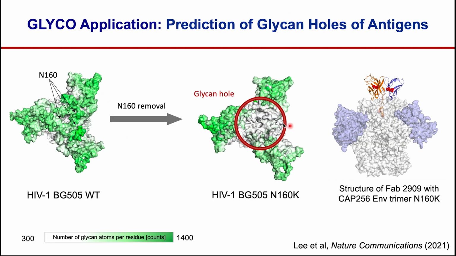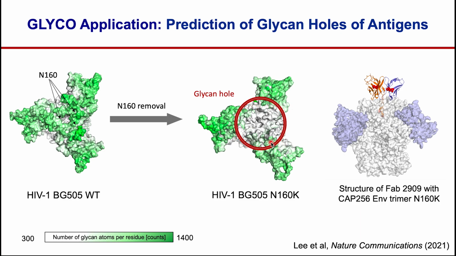Another application of GLYCO is to find the glycan hole location. On the left figure is my HIV-1 wild type structure, where you can see that the top part is mostly glycosylated. However, if we take out 3 glycans, actually there are 3 glycans at N160 in the BG505 wild type structure, once we remove these 3 glycans, we were able to find that a glycan hole was generated.